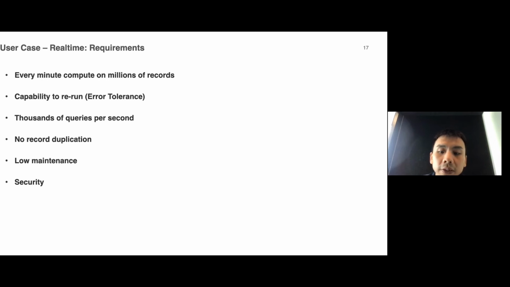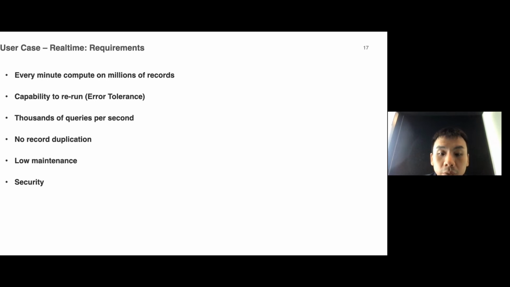As mentioned at the start of this presentation, we wanted to build a real-time analytics system to replace the old and unstable one. So I will use this user case as a reference to demonstrate the good features of StarRocks. For real-time processing, we process millions of records per minute, and as mentioned before, we have 1,000 queries per second on the same table.